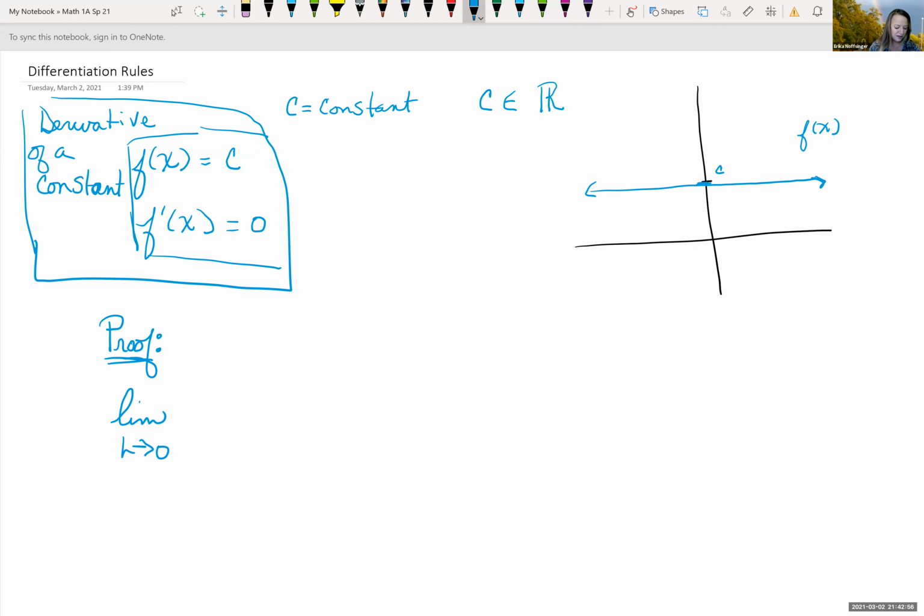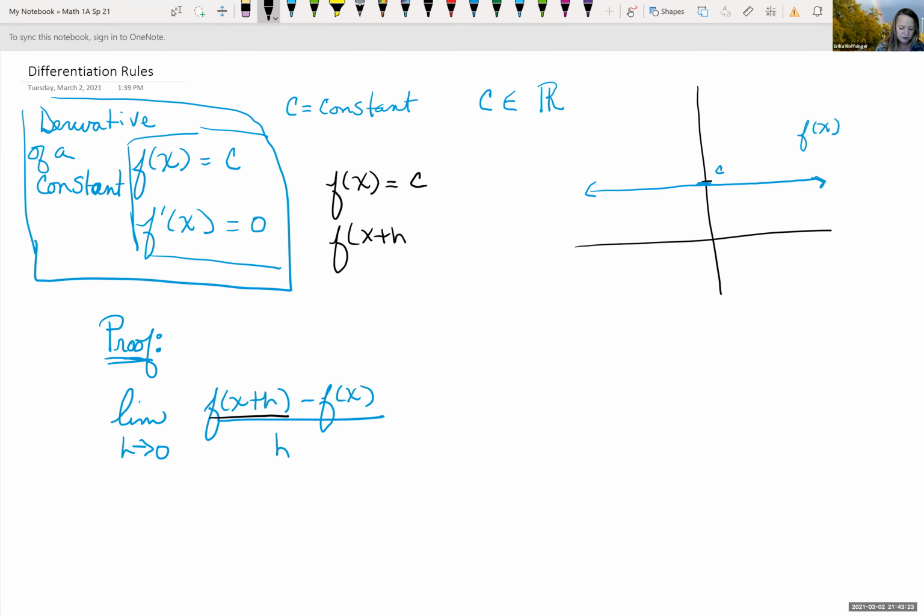Okay, so looking at the proof, we're looking at the limit as h goes to 0 of f of x plus h minus f of x, all over h. And we want to show that that's always going to equal 0. Well, if I'm looking at f of x plus h, and my f of x function is equal to c, when I plug in x plus h, wherever I see an x, I don't see an x, right?